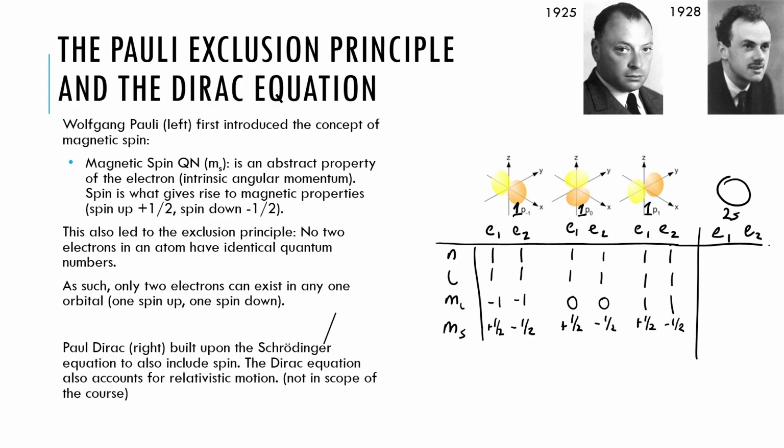Our principal quantum number here is 2, which means that there would also be an s orbital which is smaller than the 2s orbital. Its angular number, given that it's an s orbital, is 0. Because there's only one s orbital, it also means that there is only a magnetic number of 0, which means, again, that these two electrons have the same first three quantum numbers. The only way to distinguish between them is by their magnetic spin.